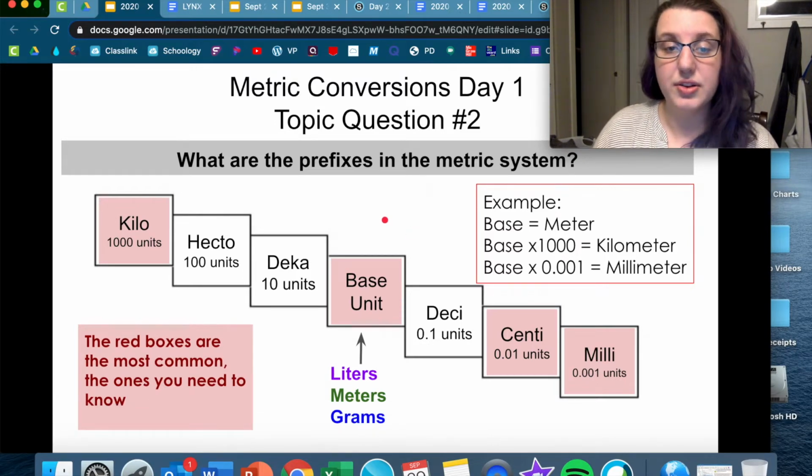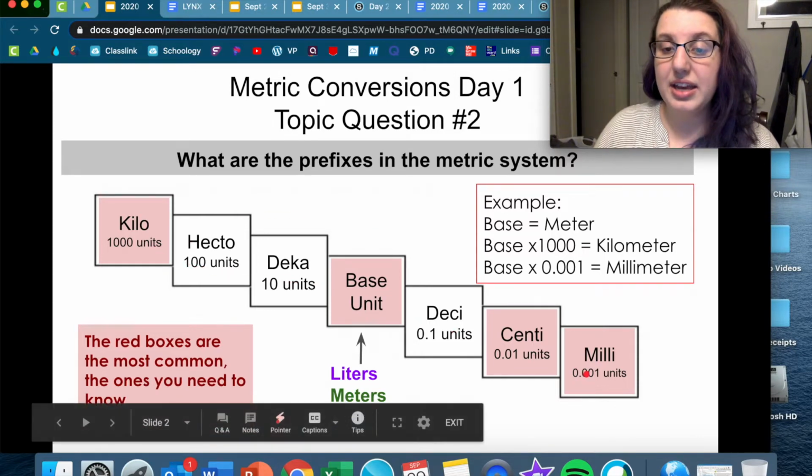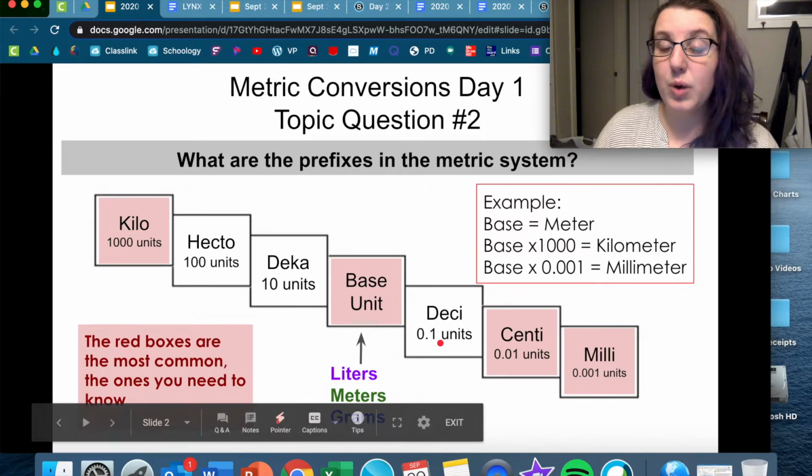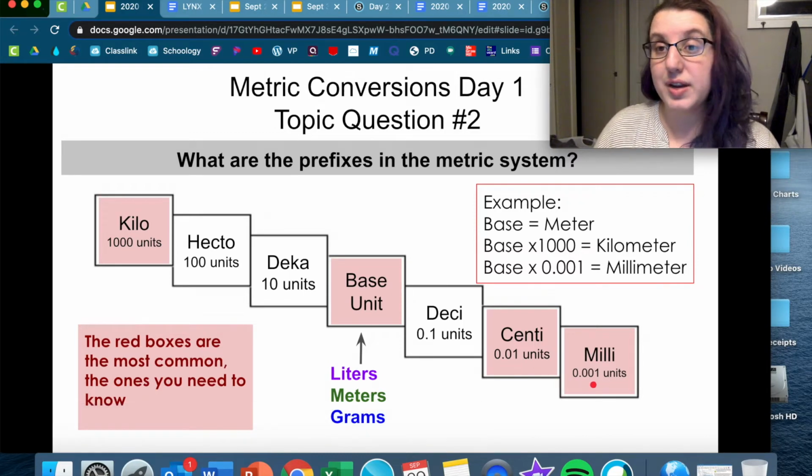And then also you'll notice that there are numbers beneath each, and that's what they equal. So kilo means it's times 1,000, whatever it is. Hecto times 100, deca times 10, deci times 0.1, centi times 0.01, and milli times 0.001, or 1,000th.